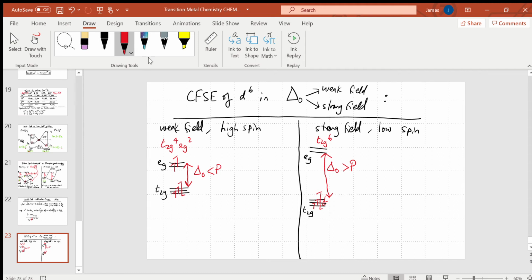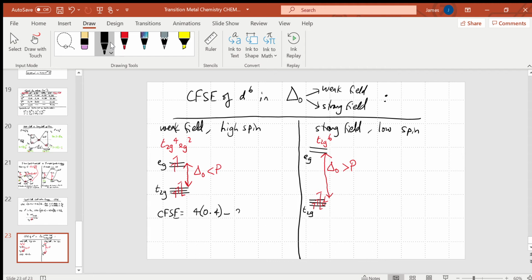Let's look at crystal field stabilization energy. So CFSE here is going to be 4 lots of our 0.4, and we subtract the destabilizing effect from that.